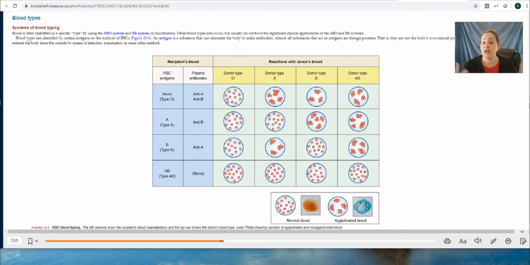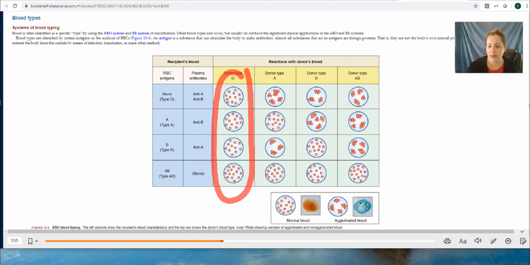If you need a blood transfusion, we need to give you the correct blood type so that we don't introduce the incorrect antibodies into your body. If we put a correct blood type into your body, this is normal blood, where everything's all spread out. That's normal blood.